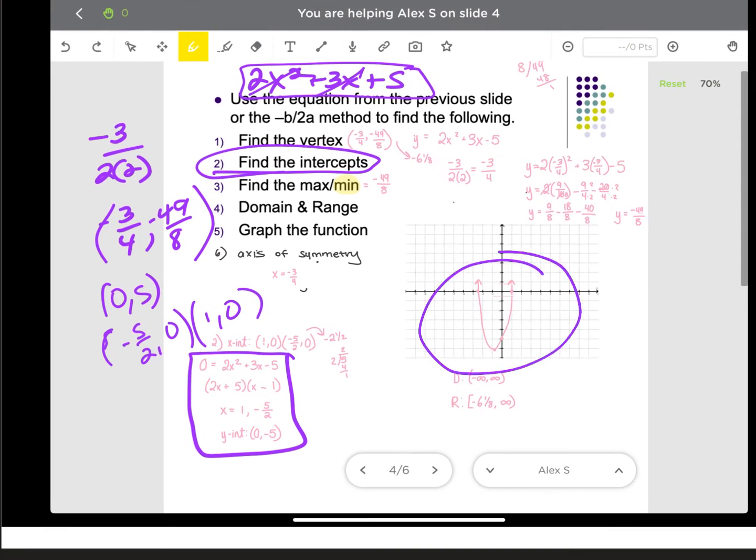From there, go to your graph. Your vertex and your intercepts are enough to graph it. This has a minimum. You're going to tell me whether it's a min or max, and then it's the k value, which is negative 49/8. Your domain is all real numbers.